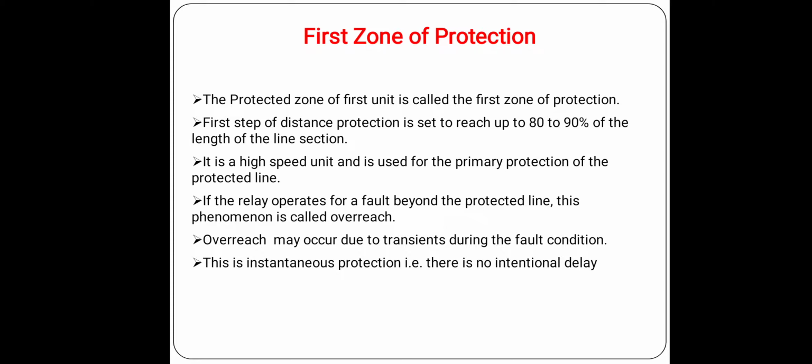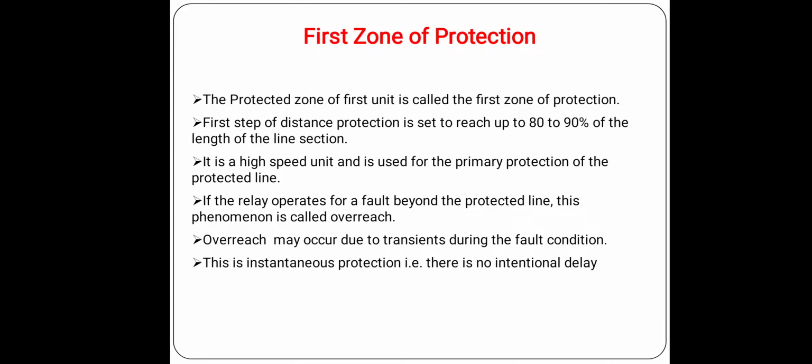This unit is not set to protect the entire line, to avoid undesired tripping due to overreach. Now, what is overreach? If the relay operates for a fault beyond the protected line, this phenomenon is called overreach. Overreach may occur due to transients during the fault condition.